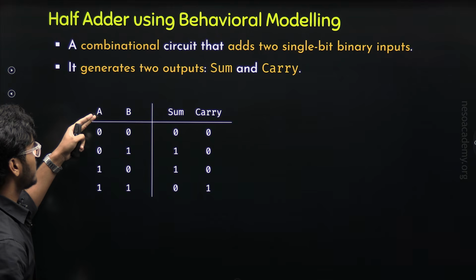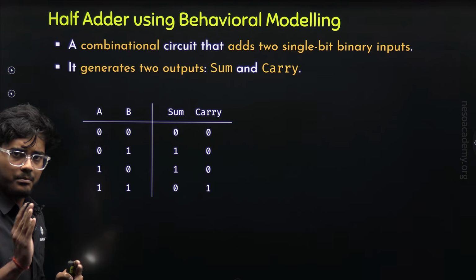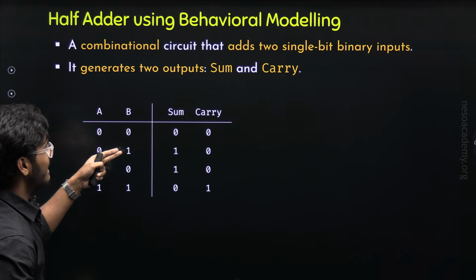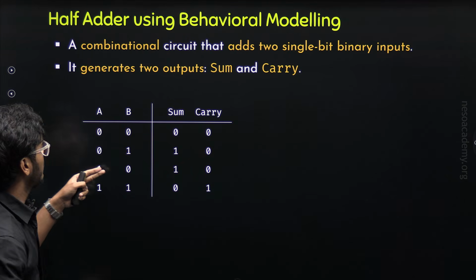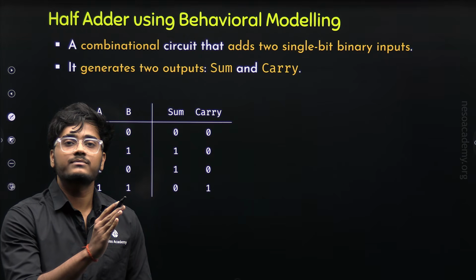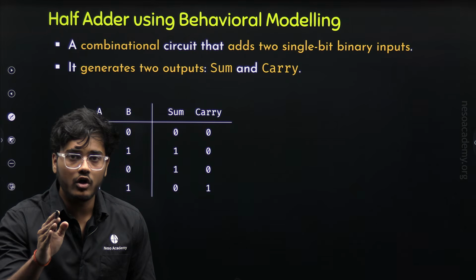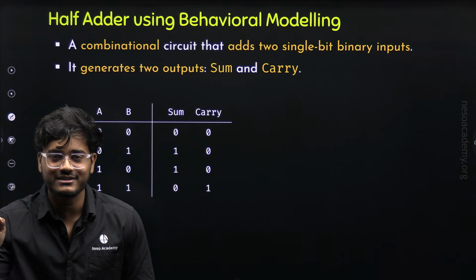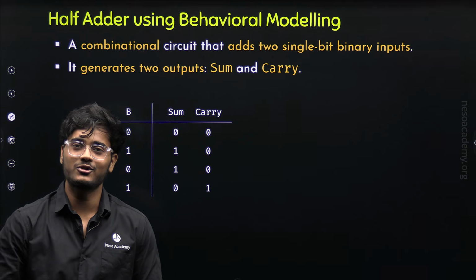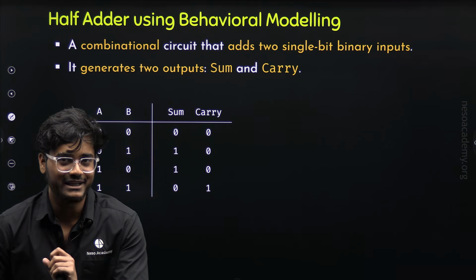Now here we can see A equal to 0 means A complement, B equal to 1 means B. So, sum is equal to A complement and B, or A and B complement, which is equal to A XOR B. So, the Boolean expression for sum is A XOR B.